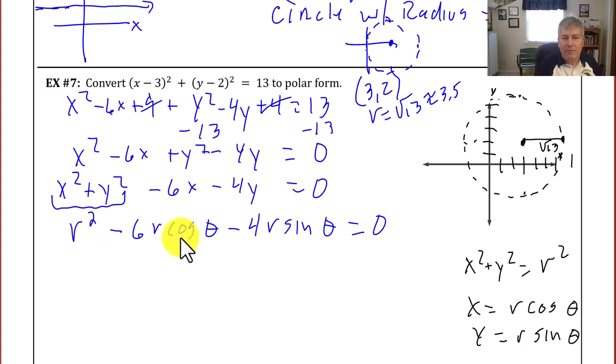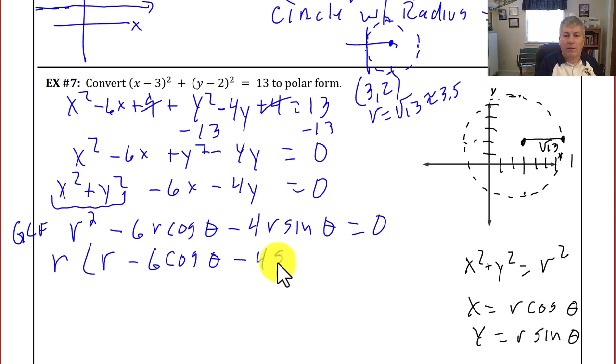I do have a common factor of r in here, so I've got a GCF, so I'm going to take that out, and I get r times r minus 6 cosine of theta minus 4 sine of theta, and all that's equal to 0.